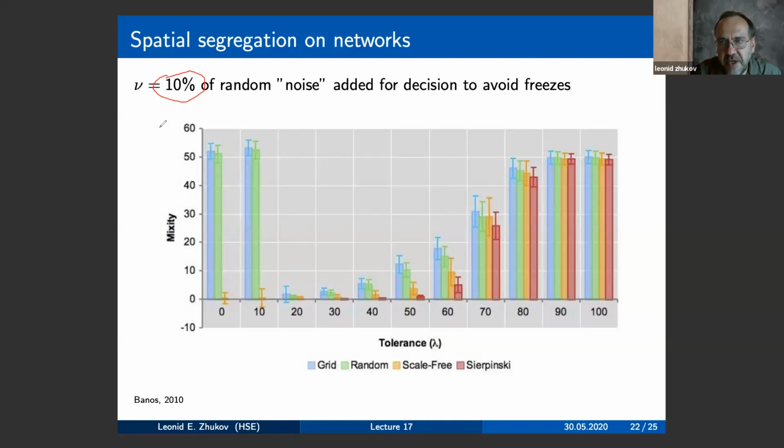So through the entire simulation, an agent could make a move against their rules, right? That's what this 10% means. So in this case we have no stationary point, so the agents will be moving infinitely. Why do we have just a final picture?